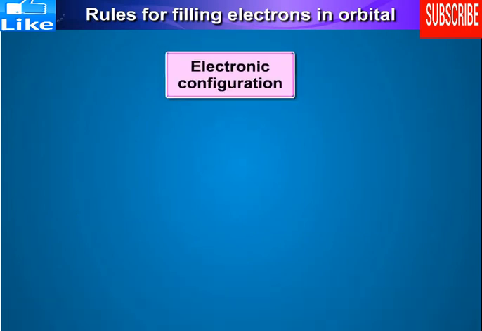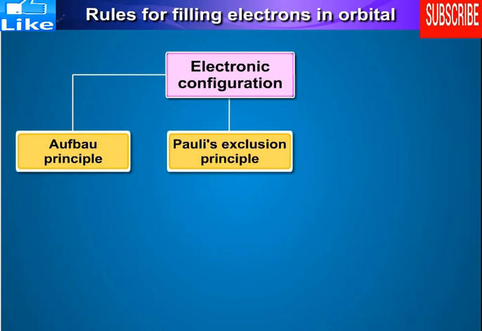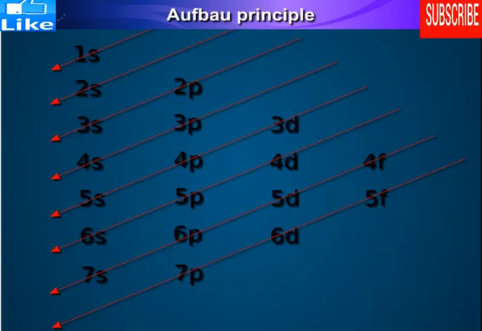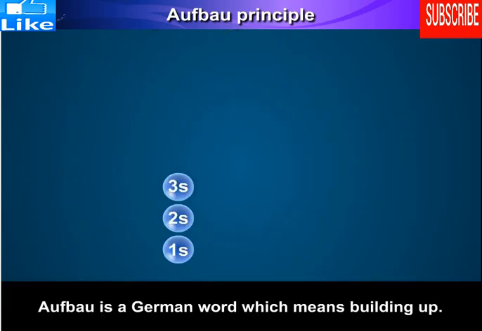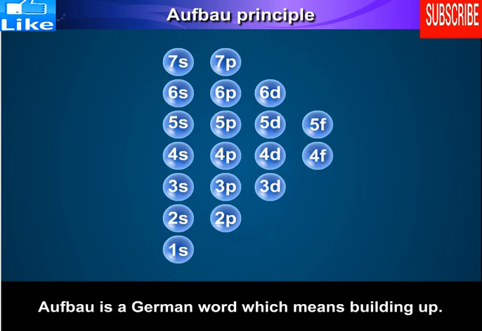Electronic configuration is mainly explained by the following rules. 1. Aufbau principle. 2. Pauli's exclusion principle. 3. Hund's rule of maximum multiplicity. Aufbau principle. Aufbau is a German word, which means building up.